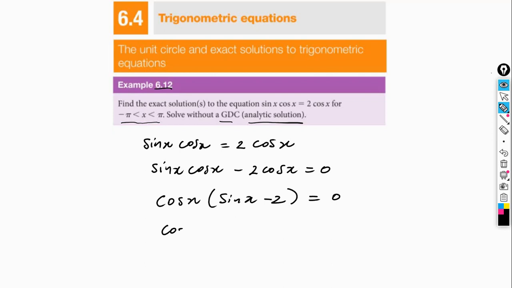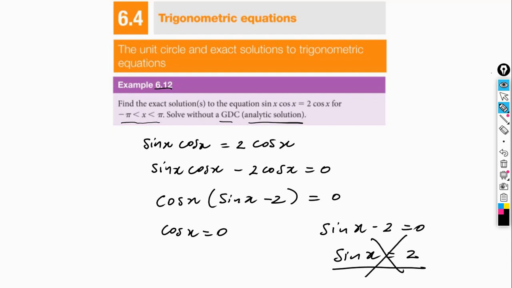We have cosine of x is equal to 0. And then we have sine of x minus 2 is equal to 0, which is sine of x is equal to 2. Remember that the range of the function sine is between -1 and 1. So this exceeds that range and therefore has no solution. So we only focus on cosine of x is equal to 0.